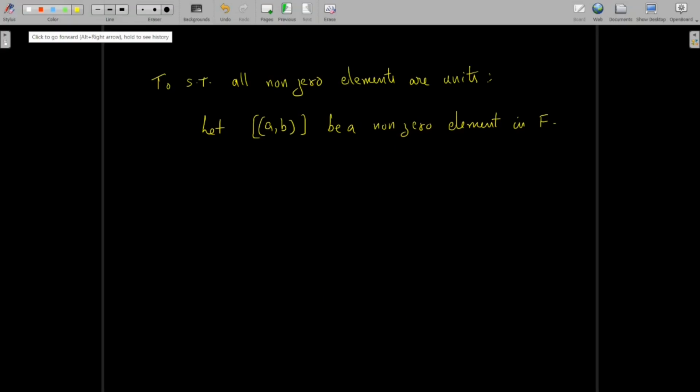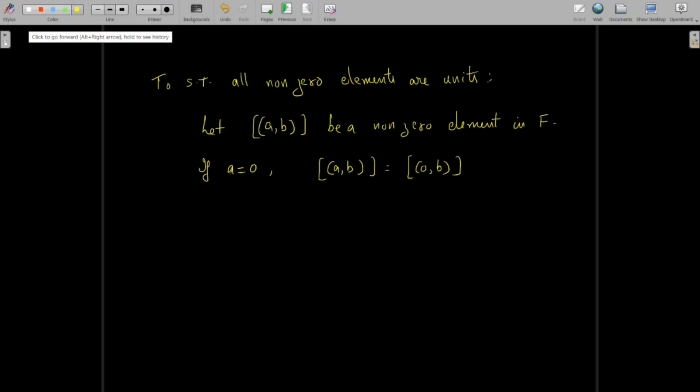Now we are going to show that all non-zero elements in F are units. That is, F contains all the multiplicative inverses of non-zero elements in it. So we take an element AB, which is a non-zero element in F. And what happens if the element A equal to 0 in D? If A equal to 0, then this element equivalent class AB becomes equivalent class 0B.